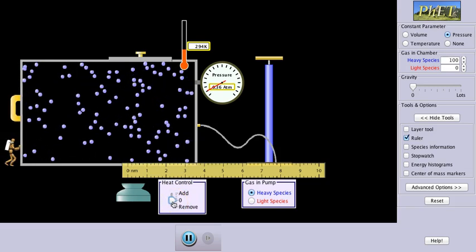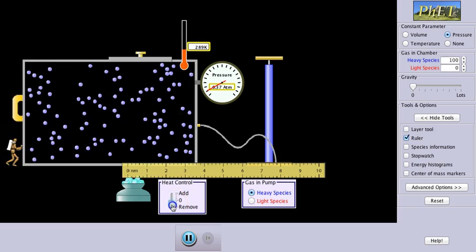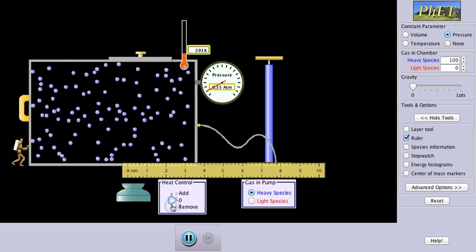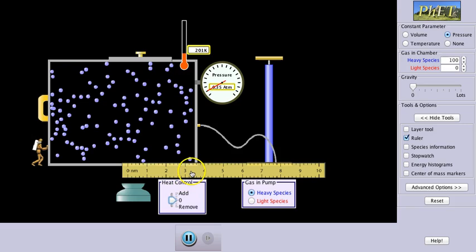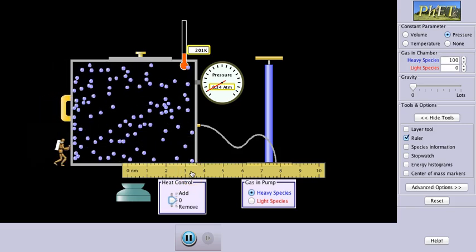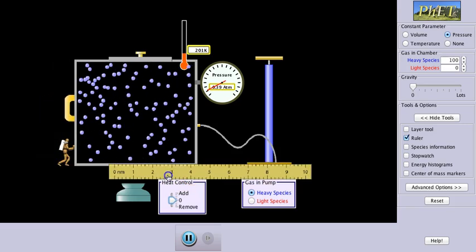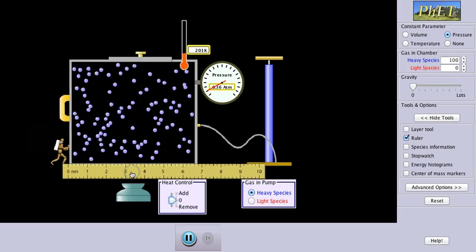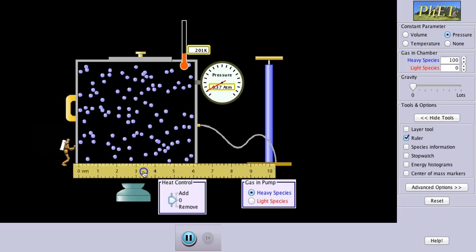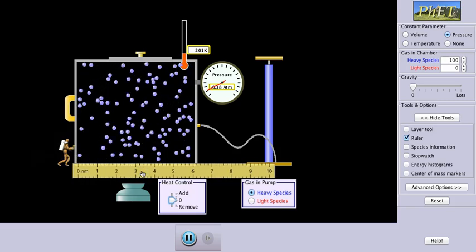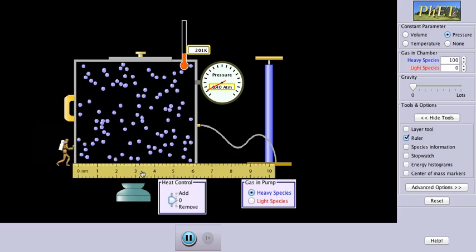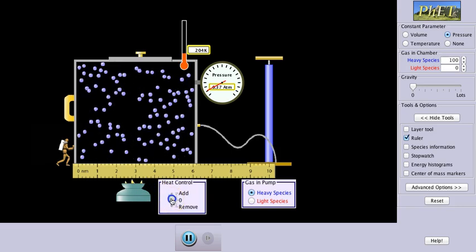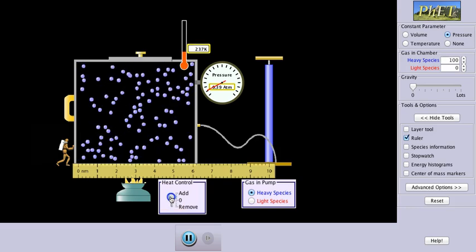Let's try to get a couple more data points. There we go. And let's try to get our last data point.